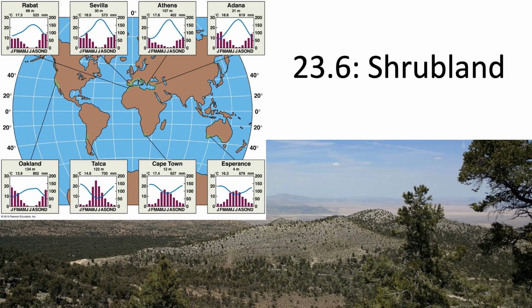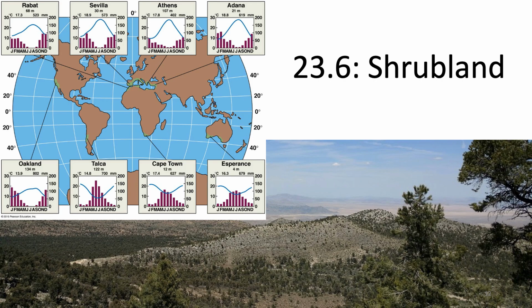Now let's talk about shrubland. Again, here's a map of some shrublands. A lot of these tend to be small and restricted. This is a picture I took in some shrubland here. In shrublands, this is where the shrub growth form is either dominant in the landscape or co-dominant with another type of plant.